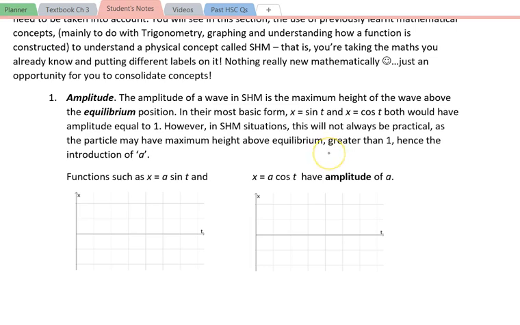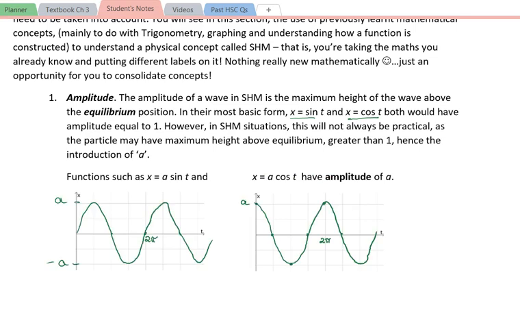So here is just a bit more talk about amplitude, but nothing that I haven't already touched on. It just says that in its most basic form, x equals sine t and displacement is cos t, the amplitude would be 1, and that's not realistic, so hence we need to introduce an a.